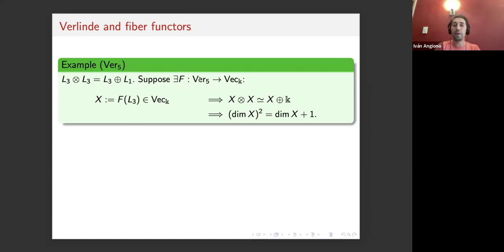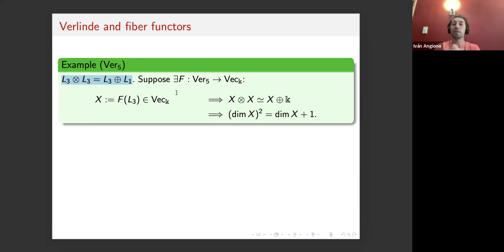Suppose that you have a symmetric tensor functor from Ver 5 to vector spaces. The proof is the same. Take X as the image of L3. If you look at the Verlinde formula, it says that L3 times L3 decomposes as L3 plus the identity, the 1, let me say.